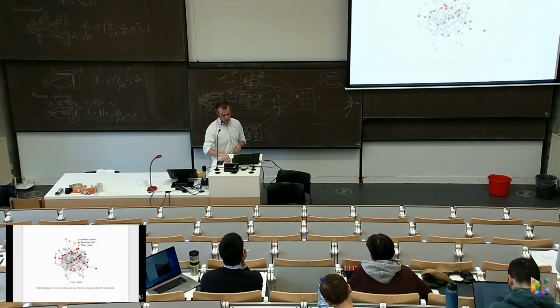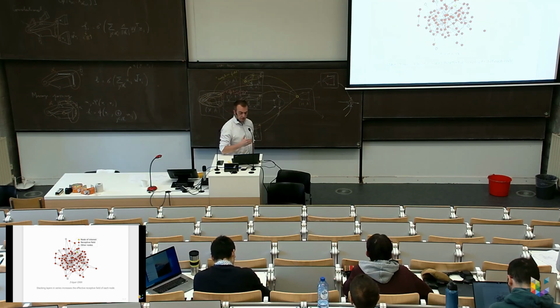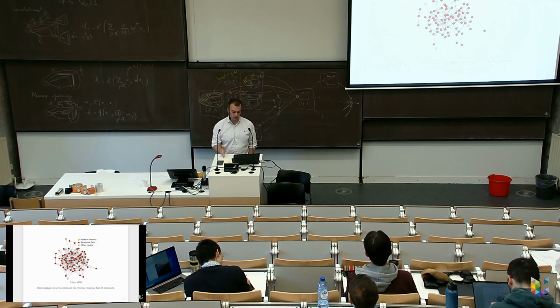It's as if you were doing a two-step breadth-first search to collect all the nodes, and basically all the information that you have is effectively used to compute the yellow one. And if you look at a three-layer GNN, you see that it's growing very quickly, in this case for this graph.